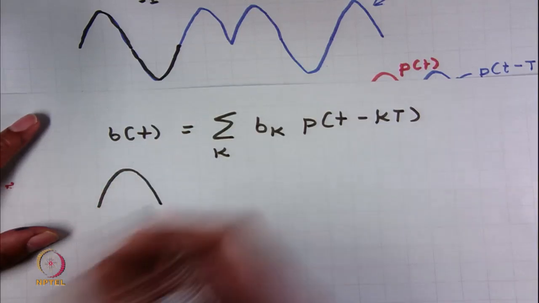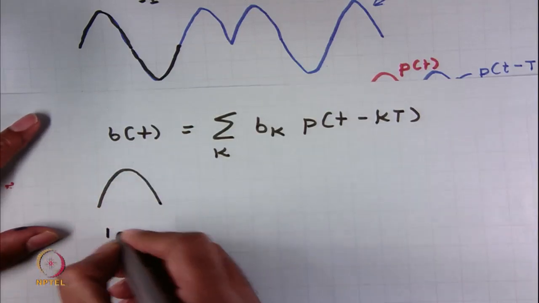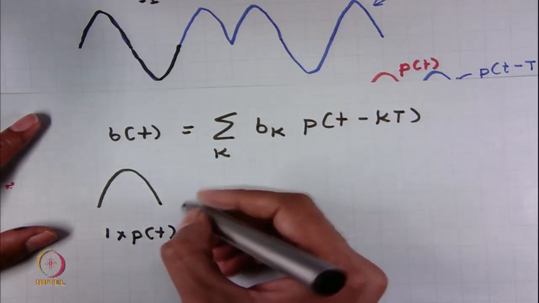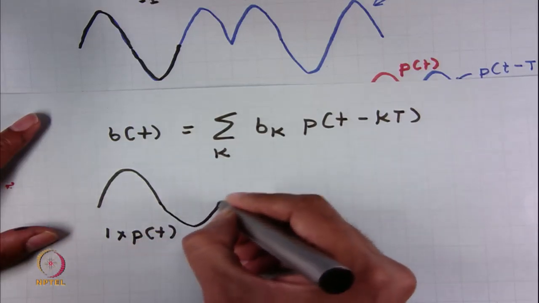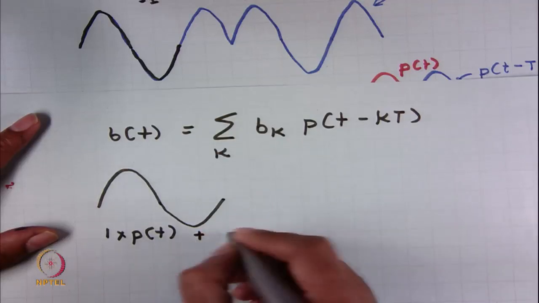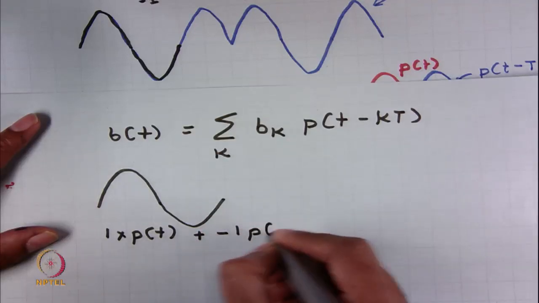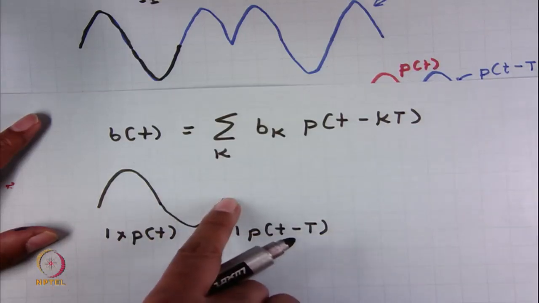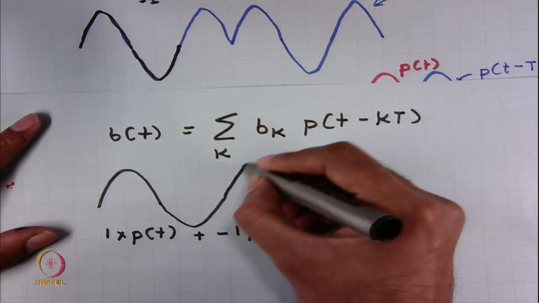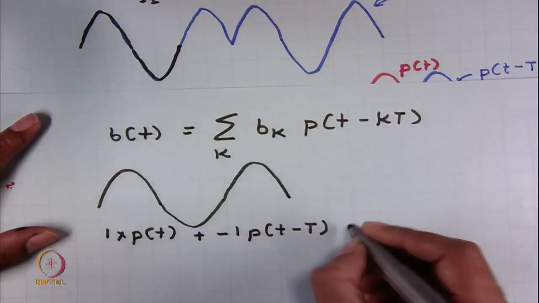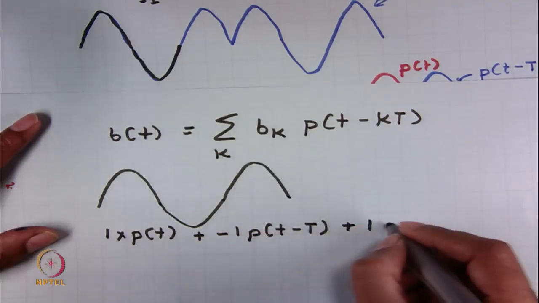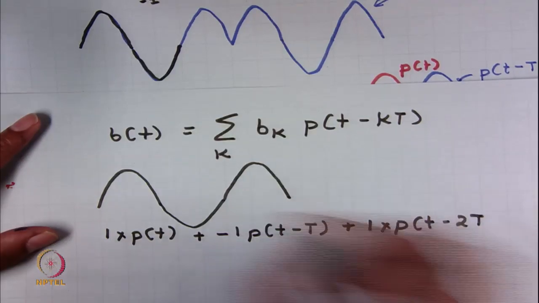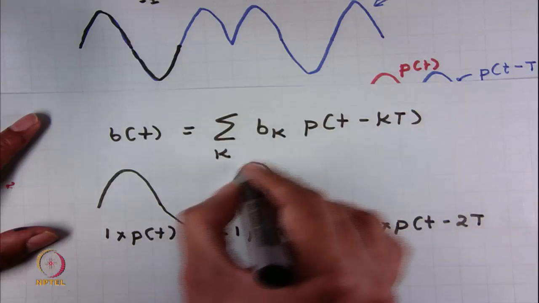If I call this 1 times p(t), this would be nothing but minus 1 times p(t minus T), because I need to shift it by T units. Then I have another pulse, this could be expressed as plus 1 times p(t minus 2T), because now this pulse is shifted by 2T.